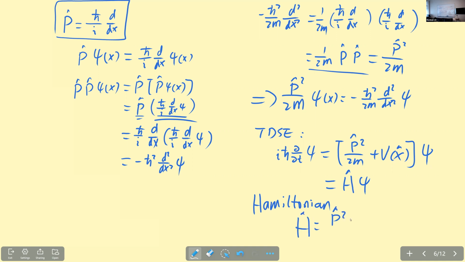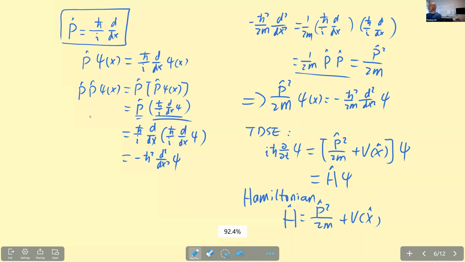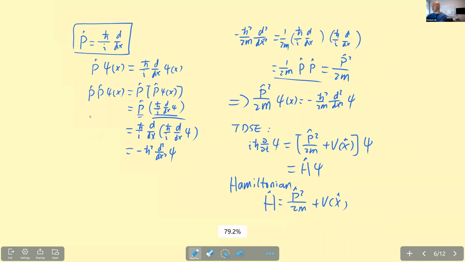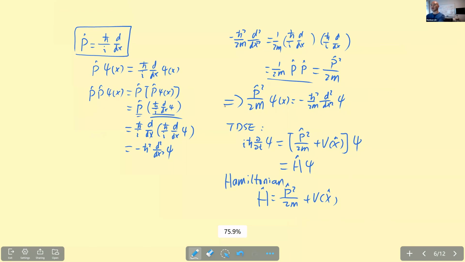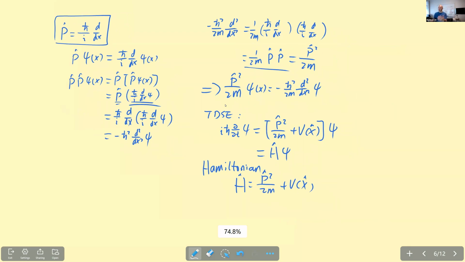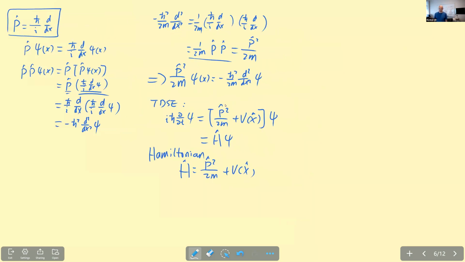That's the p operator squared over 2m plus this V(x) operator, okay? Right, so these are the operators in quantum mechanics, right?